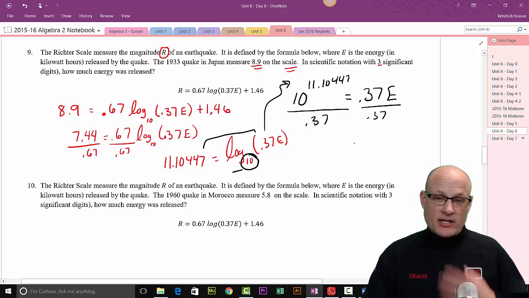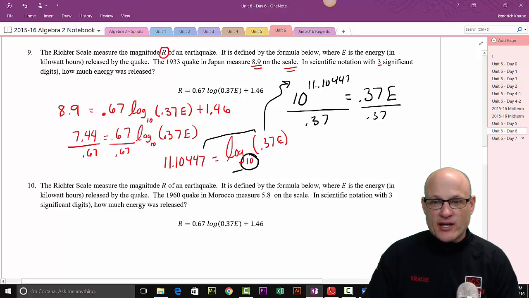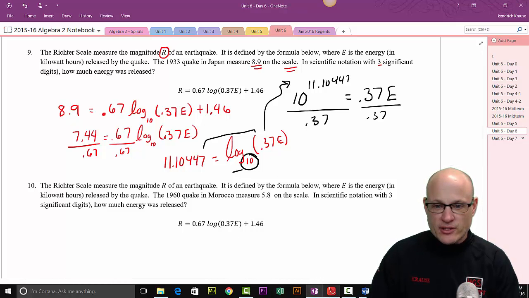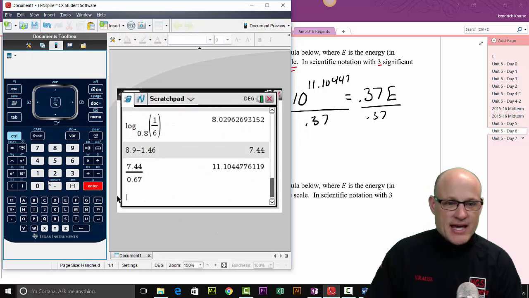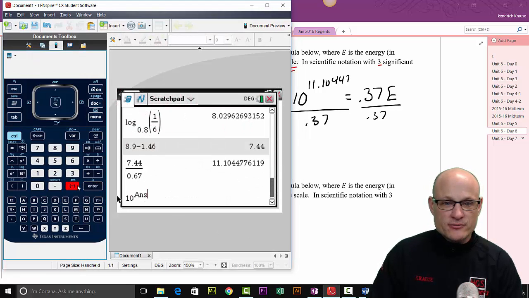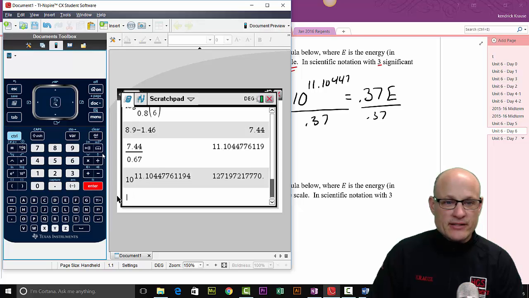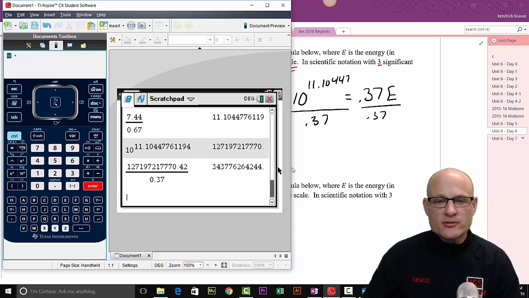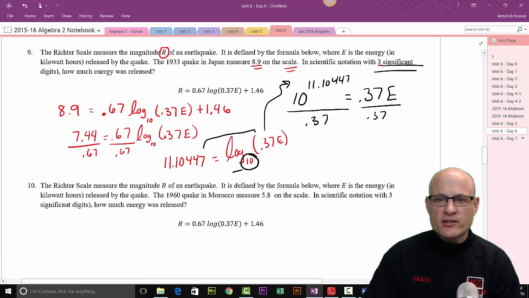All right. Wow, this is a complicated one. So it did say in scientific notation, right? So we're going to do this in scientific notation. So it's 10 raised to the answer, enter, divided by 0.37. So there's my answer. 3.44, and how many? 3 significant digits.